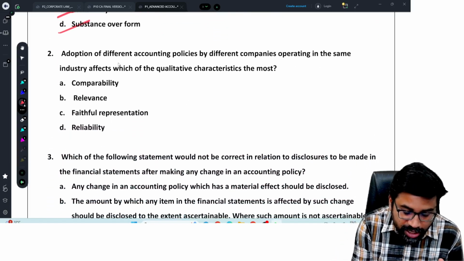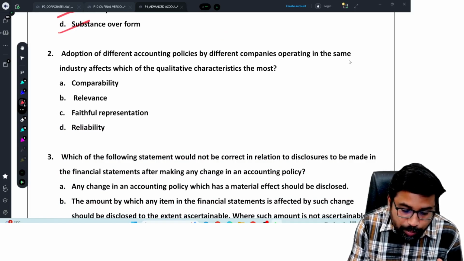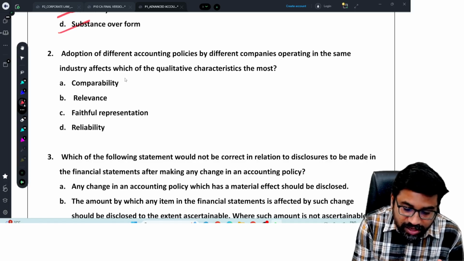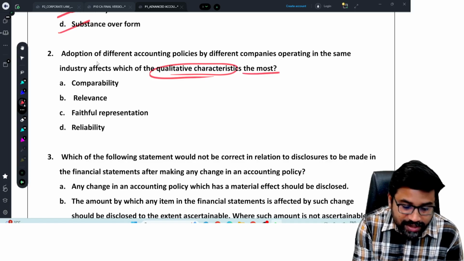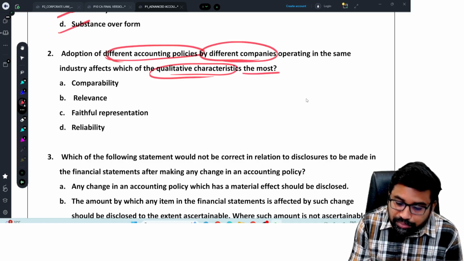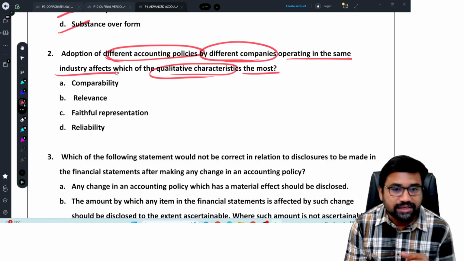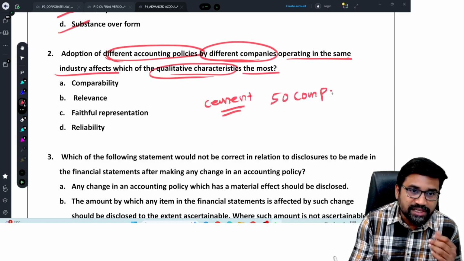Next, adoption of different accounting policies by different enterprises operating in the same industry affects which of the qualitative characteristics the most? Suppose, for example, the cement industry. There are 50 companies in the cement industry in a particular state.